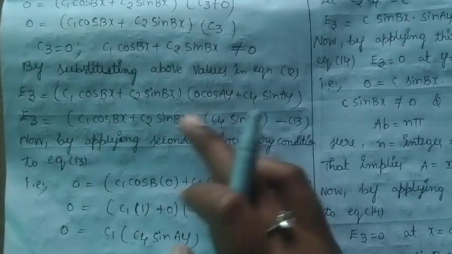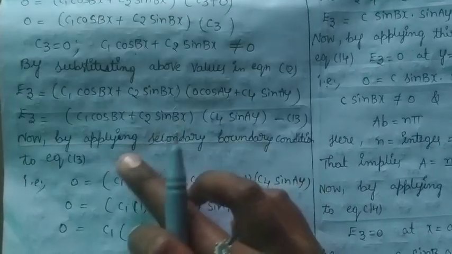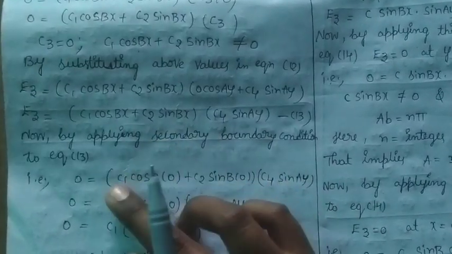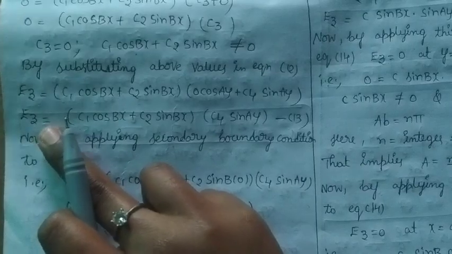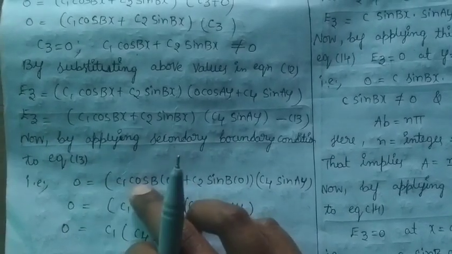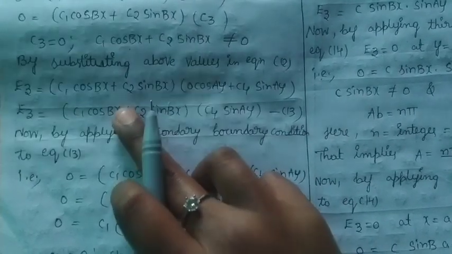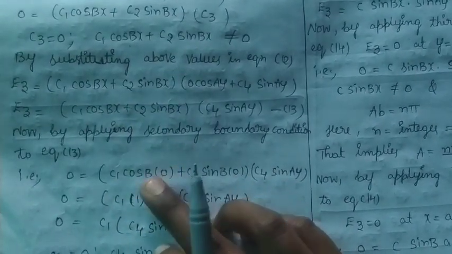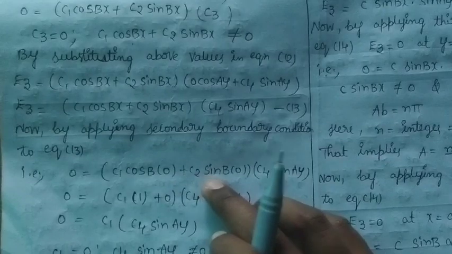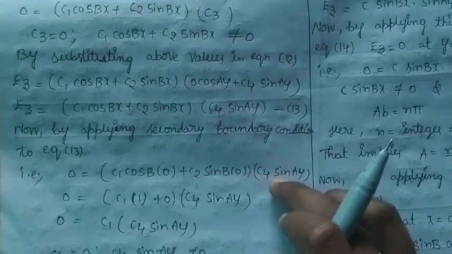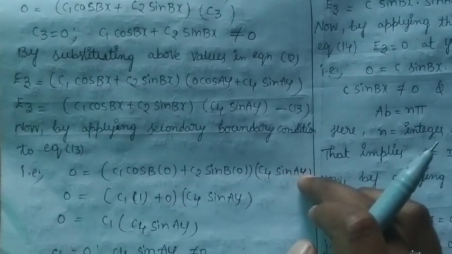This is equation 13. By applying the second boundary condition, Ez is equal to 0 and x is also 0. So in the place of x we write 0: c1 cos b of 0 plus c2 sin b of 0, into c4 sin ay.